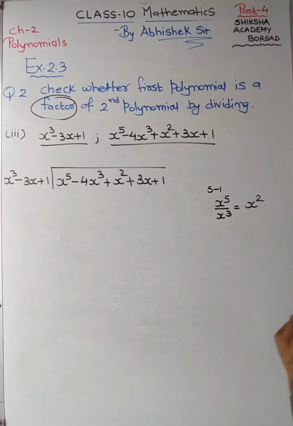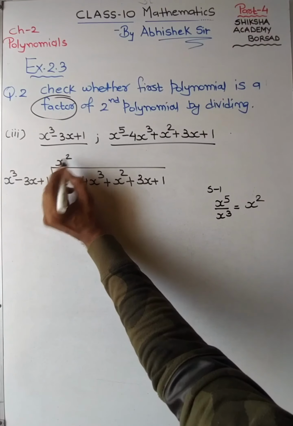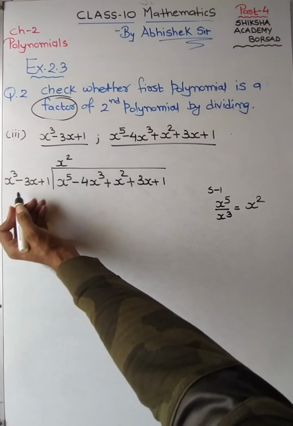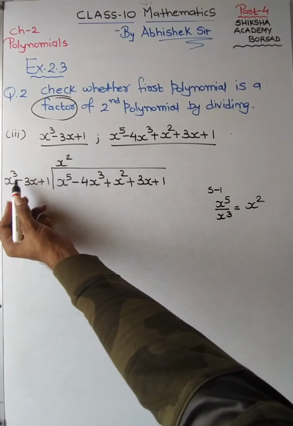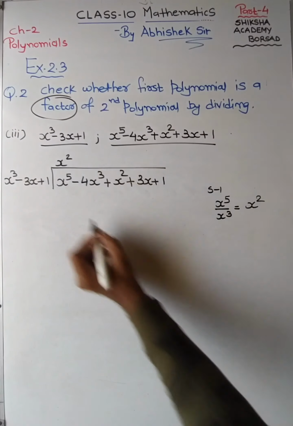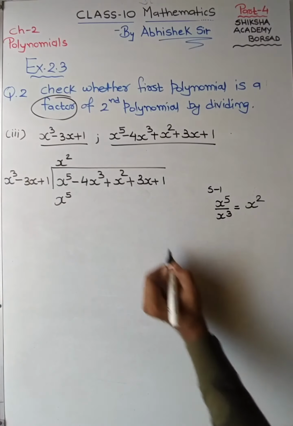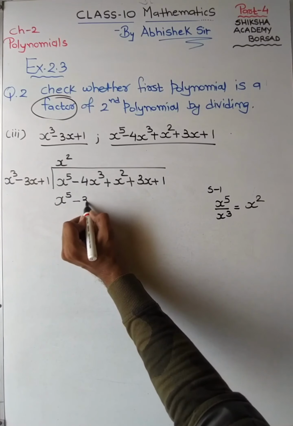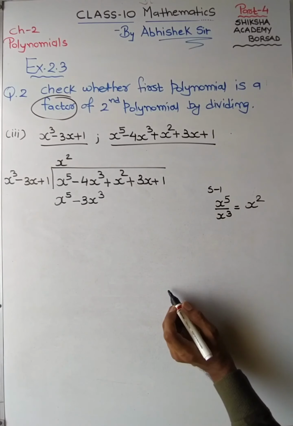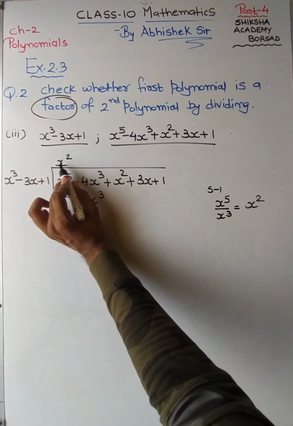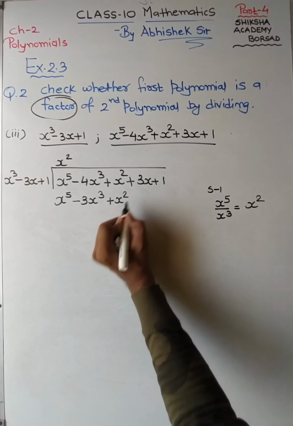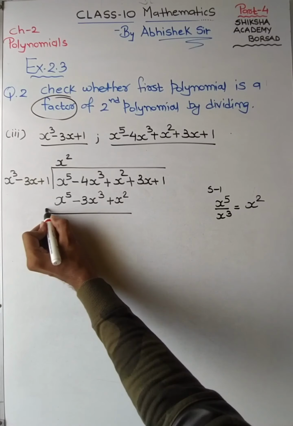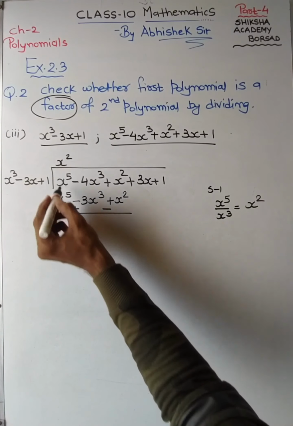Answer is x raised to 2. So writing here x raised to 2 and multiplying these two numbers. So x cube into x square gives x raised to 5. Minus 3x into x square will give you minus 3x cube. Plus 1 into x square, so will give you x square. Leave space, change the sign.